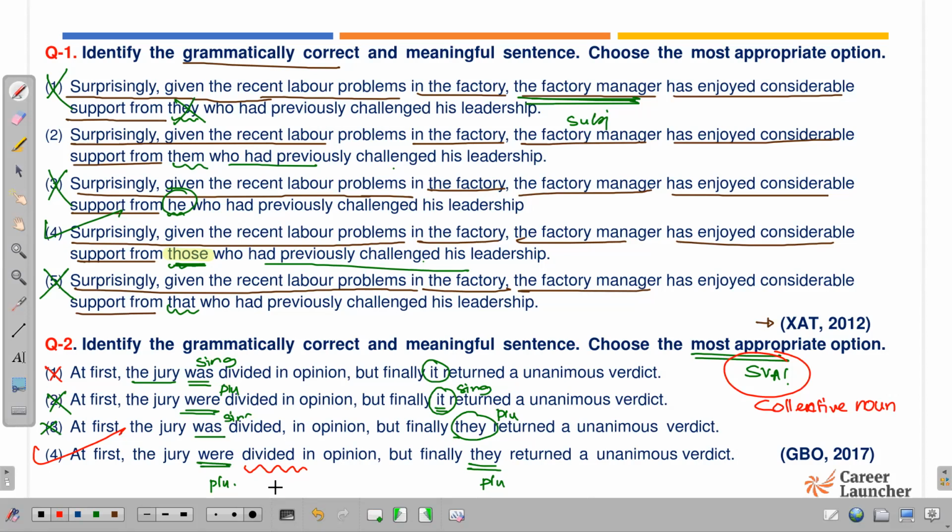It sounds absurd. When we speak, we'll say jury members were drinking water. But when we write officially, if we say jury were drinking water, it perfectly means the members were drinking water, and therefore in this case it's divided, and divided cannot be singular. Therefore divided, and they is establishing the plural, and therefore the fourth sentence will be the right answer.